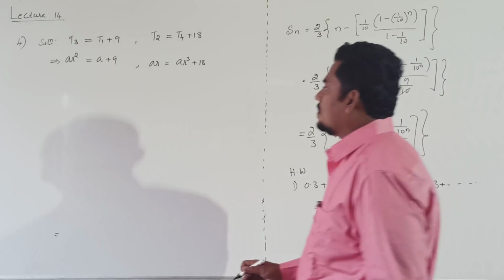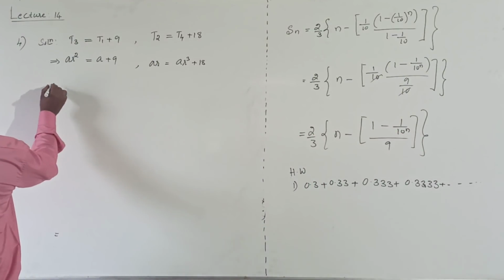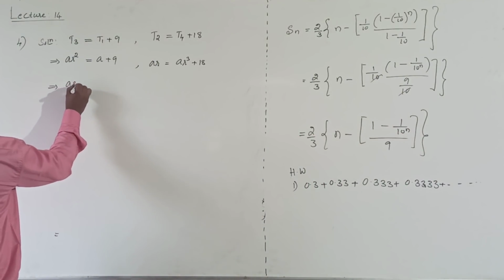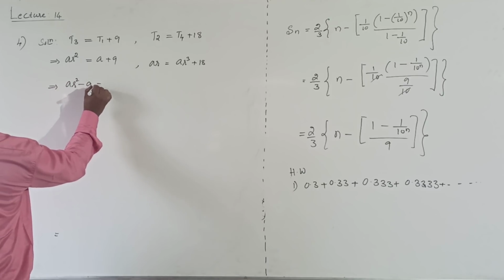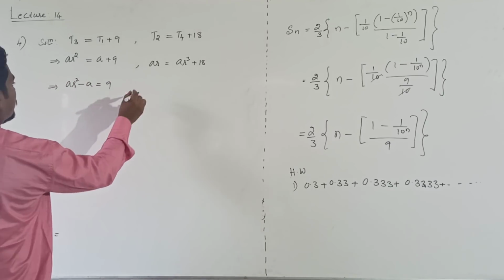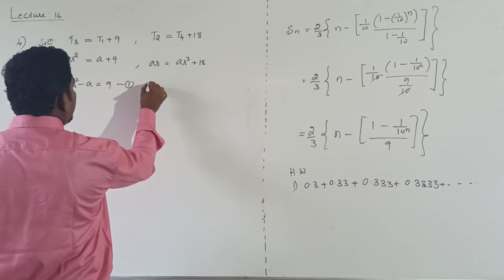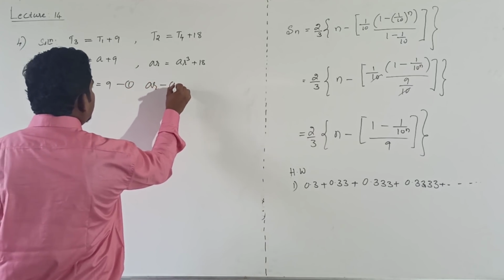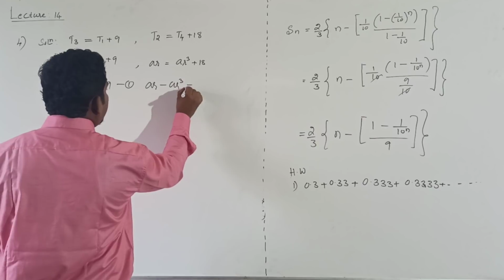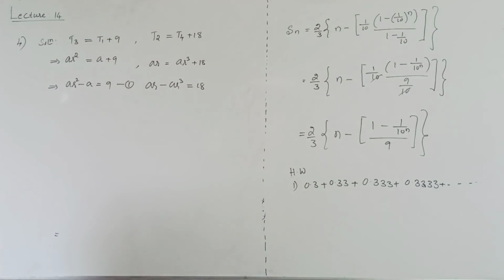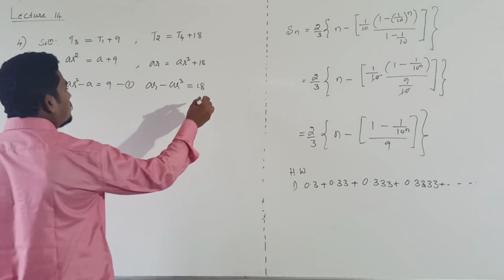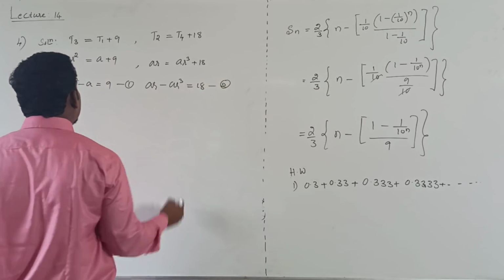Next, a r square minus a is equal to 9. Take this as equation number 1. a r minus a r cube is equal to 18. Take this as equation number 2.